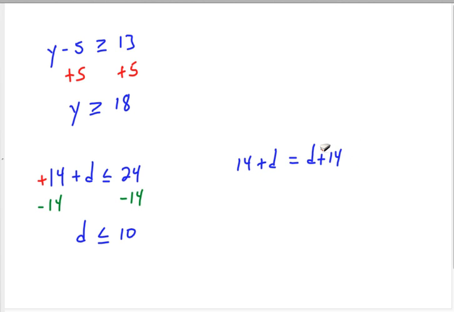The only problem with that is when you have a subtraction one like this, y minus 5. Y minus 5 is not equal to 5 minus y. I can prove that by putting a 6 here, right? 6 minus 5 is 1. Well, 5 minus 6 is negative 1. That's not the same. So either way you want to think about it, this way or this way, is fine. Or if you have another way, that would be fine too.